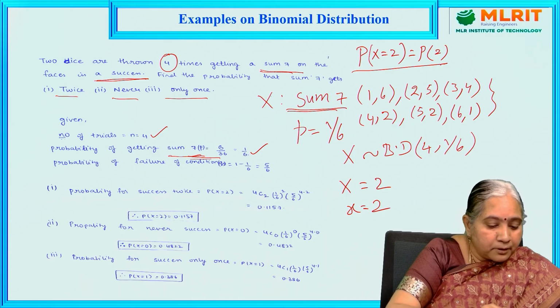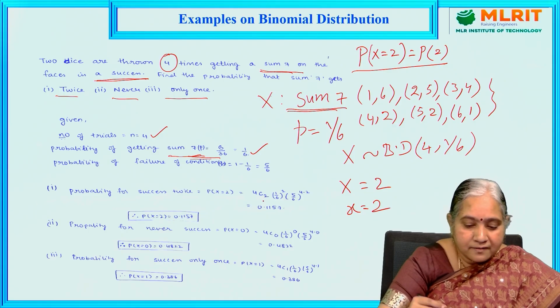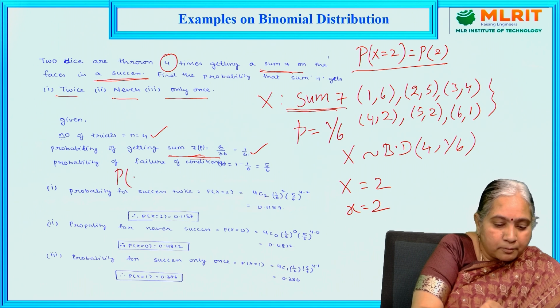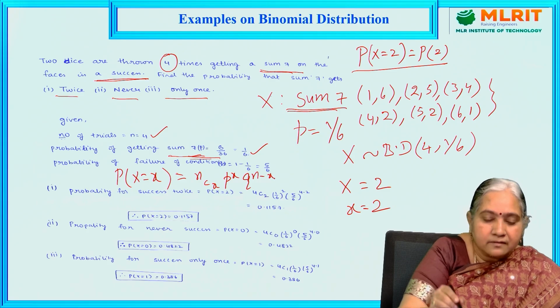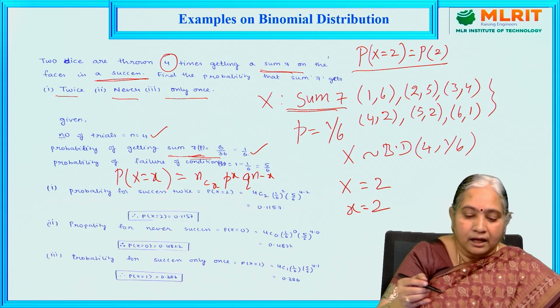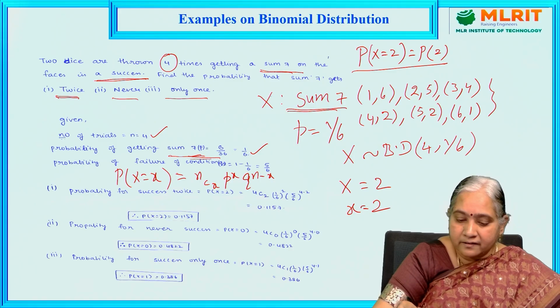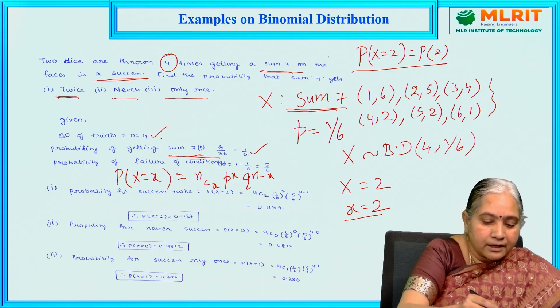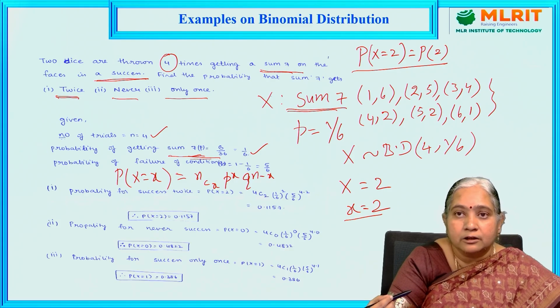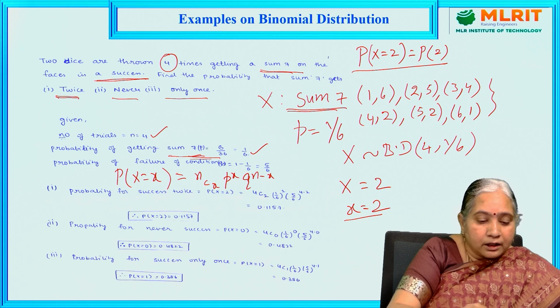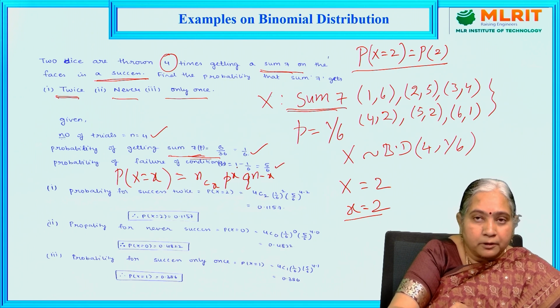So here p of 2 equal to, the probability mass function of the binomial distribution is nCx p power x q power n minus x. Here x is the number of successes, which is 2. So x is 2, n is 4, p is 1 by 6, and q is, since the total probability is 1, p plus q equal to 1, so q equals 1 minus 1 by 6, which is 5 by 6.